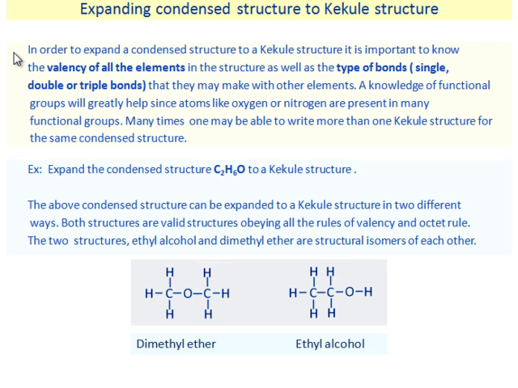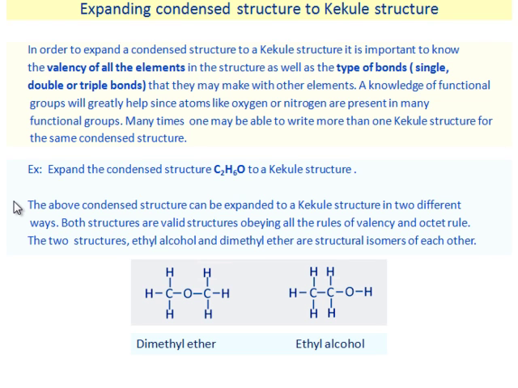Many times one may be able to write more than one Kekule structure for the same condensed structure. Example: expand the condensed structure C2H6O to a Kekule structure.